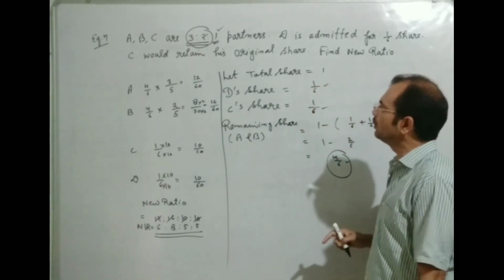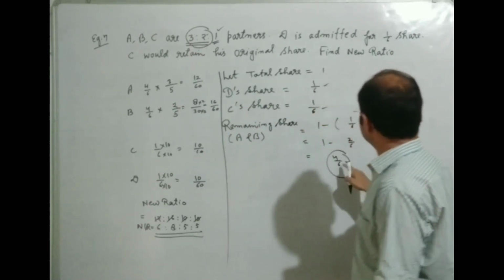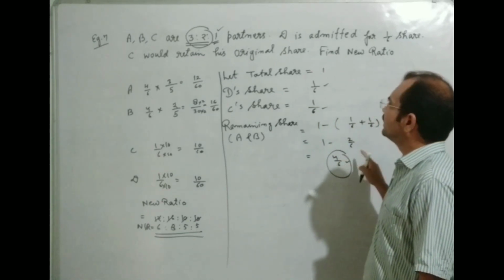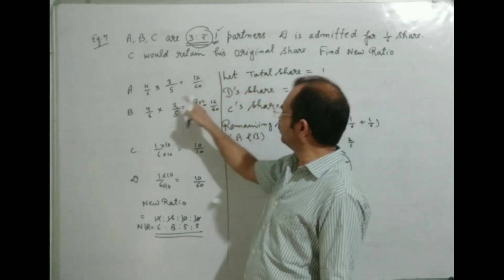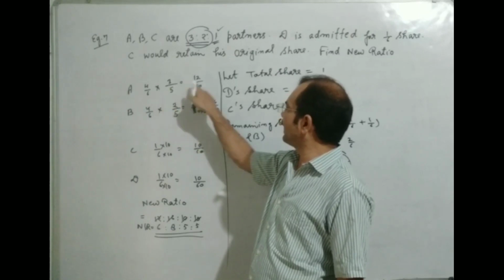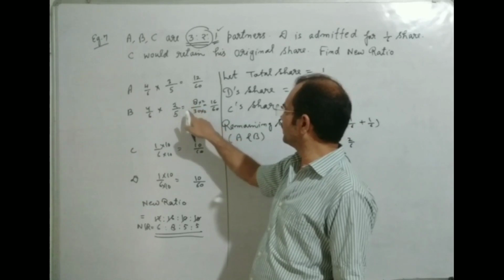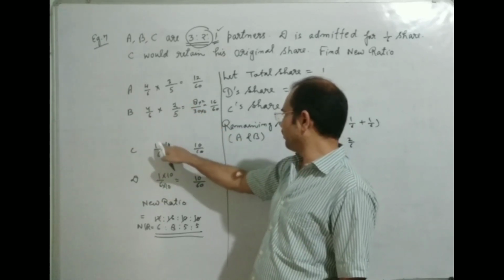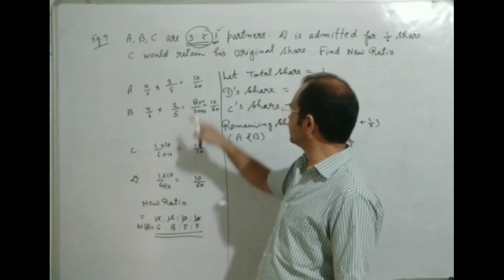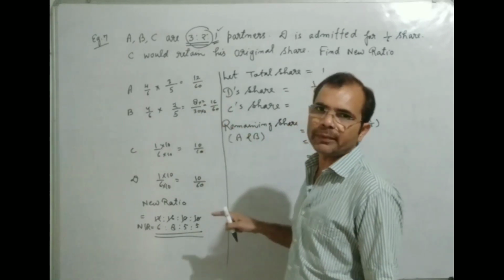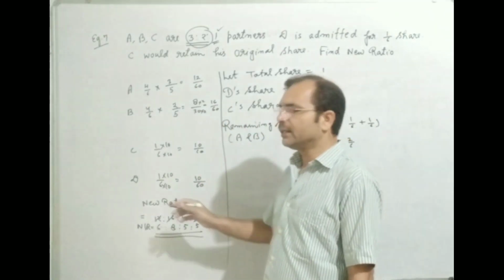That was the old ratio. When we distribute this 4/6 in 3:2, we will find 12 upon 60 and 8 upon 30, and here 1 upon 6 and 1 upon 6 are already given. After that, we will make the denominators equal and find the new ratio.